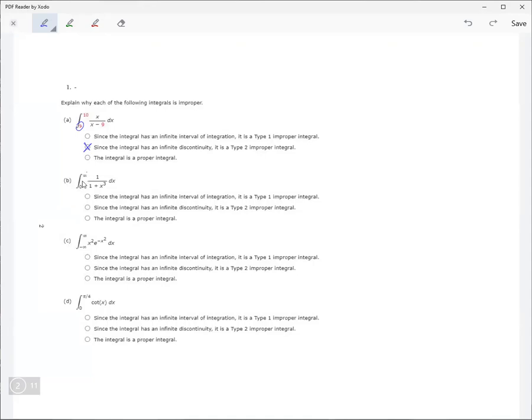Part B: this one is going to infinity, so it's type 1. The interval is of infinite length. Here the interval is infinite length as well, since we went from negative infinity to infinity.